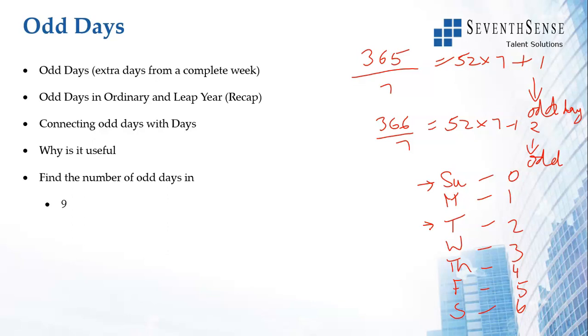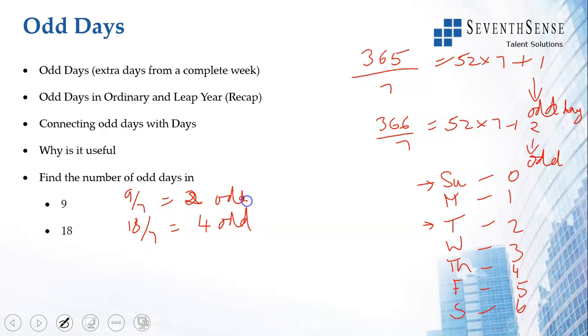Find the number of odd days in 9. You divide by 7, the remainder is 2, so odd days are 2. In 18, you divide by 7, 7 twos are 14, remainder is 4, so 4 odd days. In 32, you divide by 7, 28 plus 4, so 4 is the odd day.